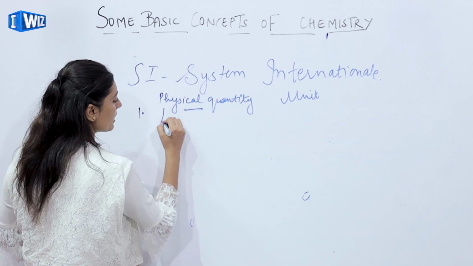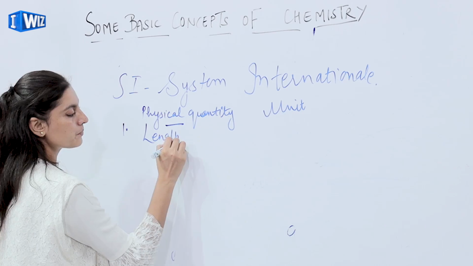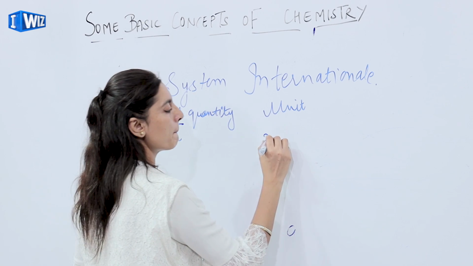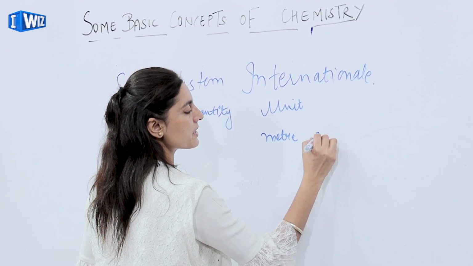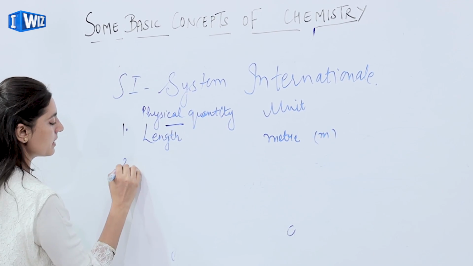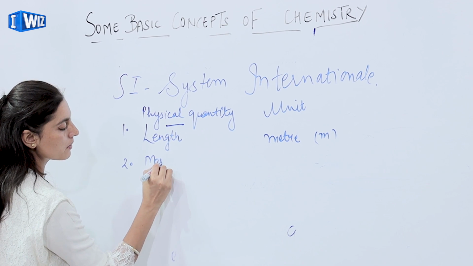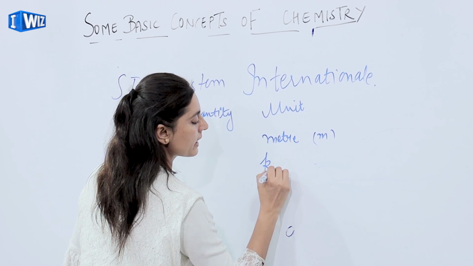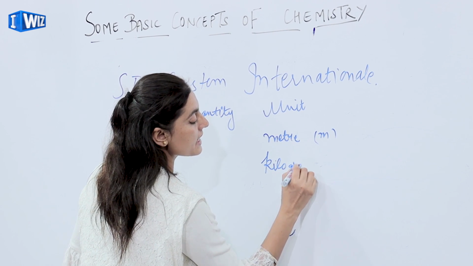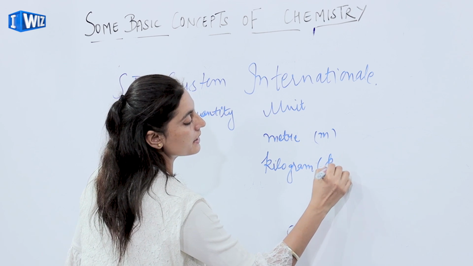Physical quantity, the very basic, length, its unit meter, represented by m. The second one, mass, its unit in SI is kilogram, represented by kg.